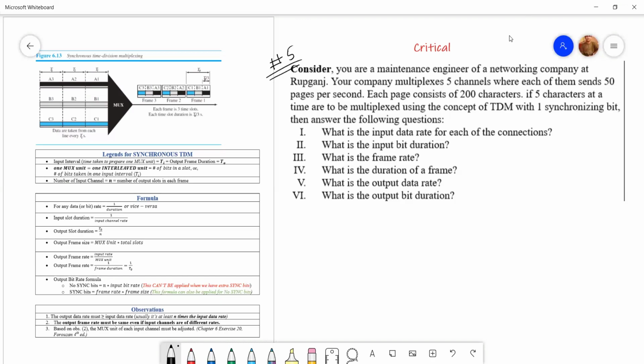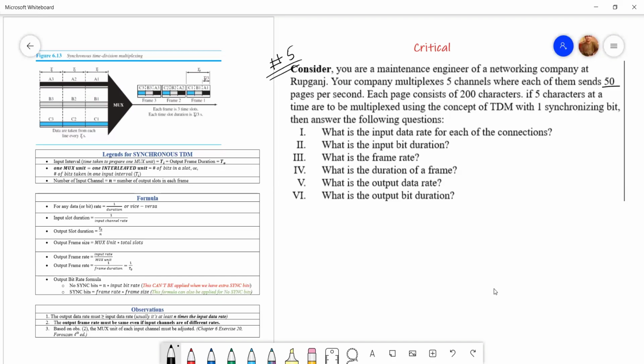So let us now take one step at a time, and let's see how we can solve this type of math. The math description says to consider that you are a maintenance engineer of a networking company at Rupgant. Your company multiplexes 5 channels where each of them sends 50 pages per second.